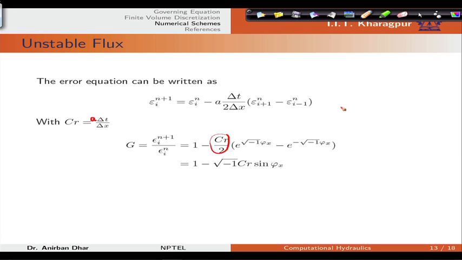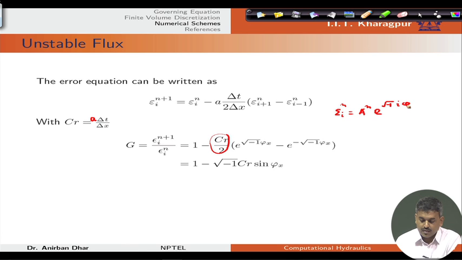Actually, we have seen that this epsilon i n is A n times e to the power square root of minus 1 i phi x in this case.